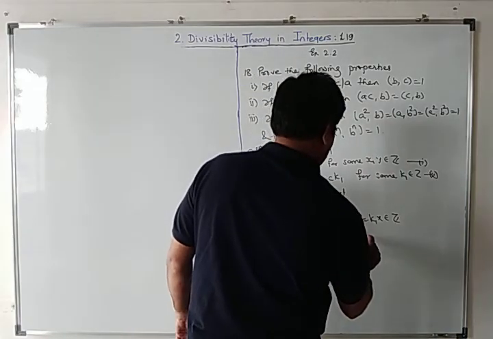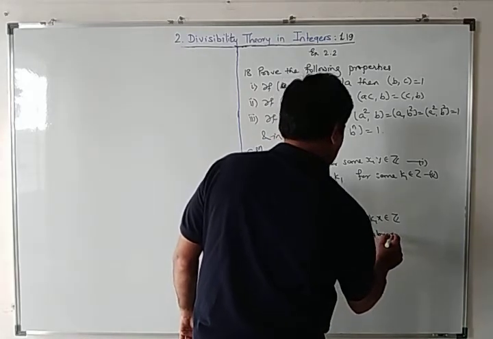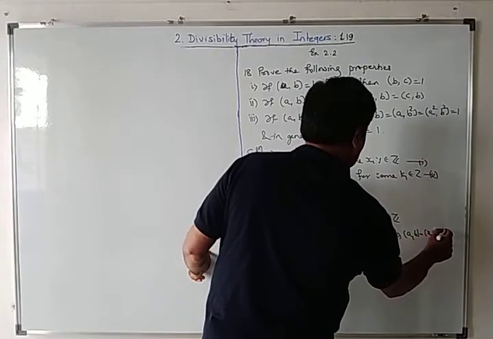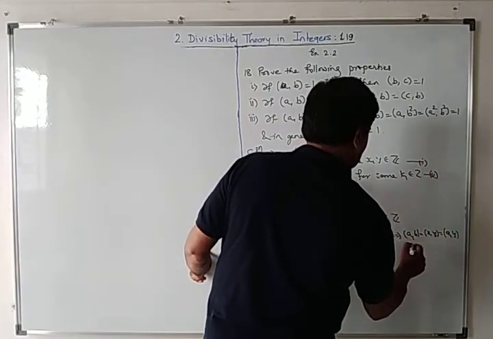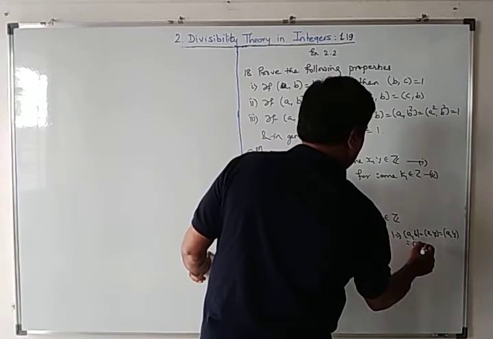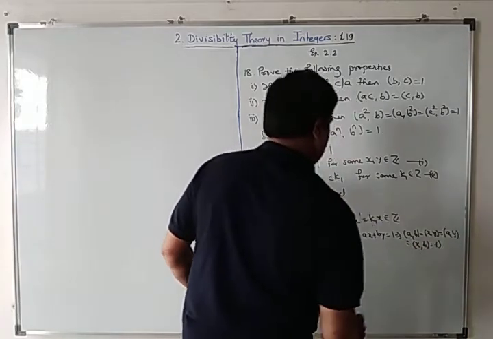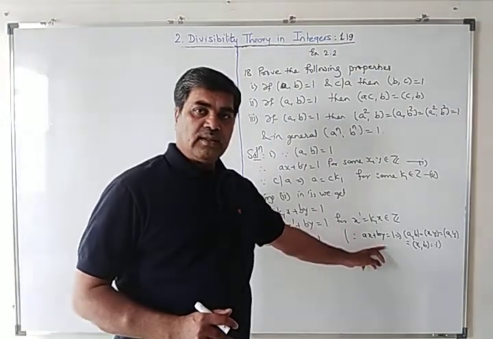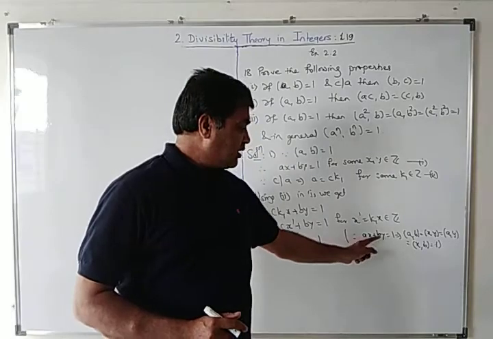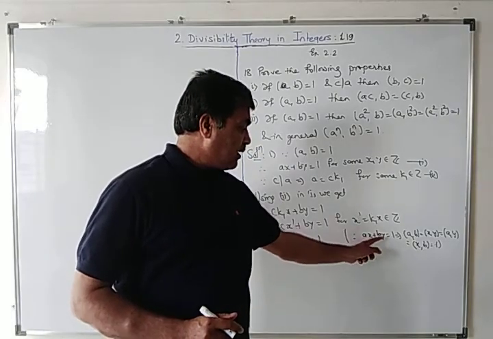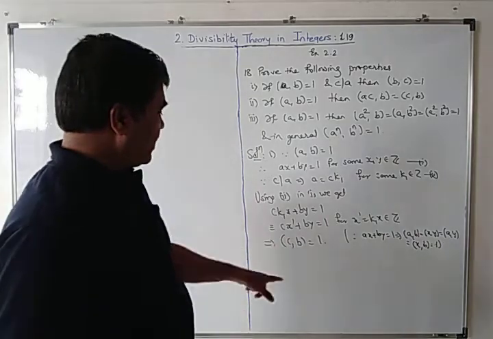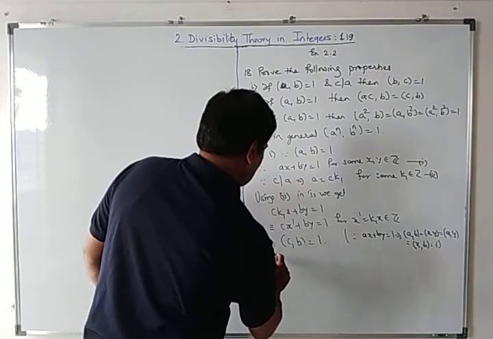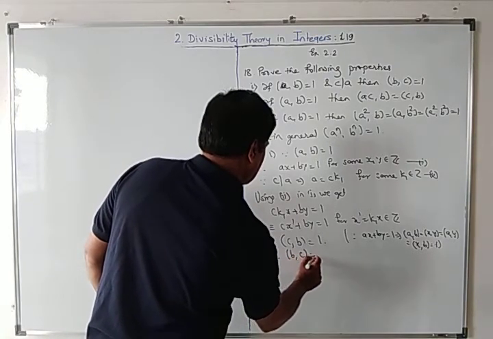Since Ax plus By is equal to 1 implies GCD of A, B is equal to GCD of x, y is equal to GCD of A, y is equal to GCD of x, B is 1. If a linear combination of 4 integers is 1, Ax plus By is 1, then GCD A, B, GCD x, y, GCD A, y, GCD x, B is 1. So by using that, GCD of C, B is 1 and therefore GCD of B, C is equal to 1.